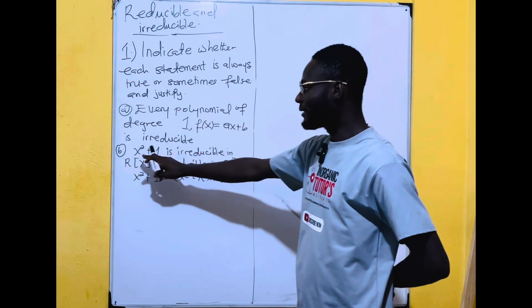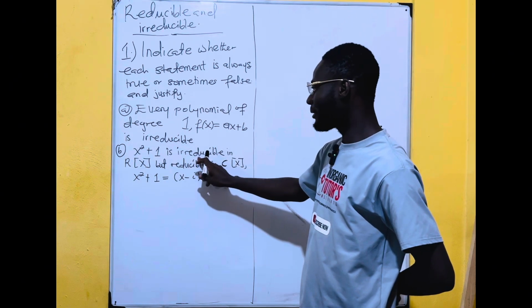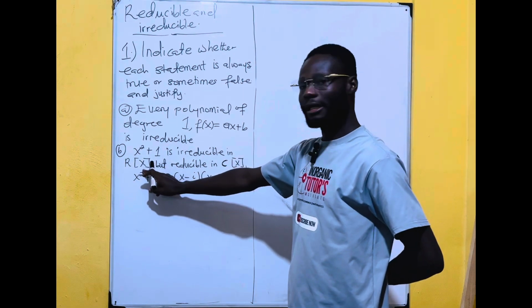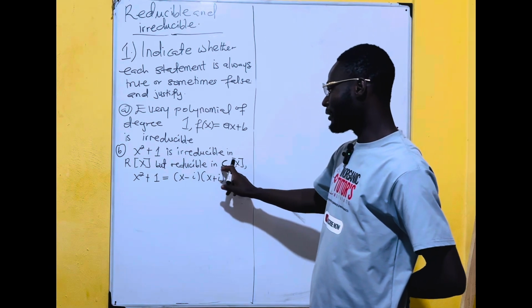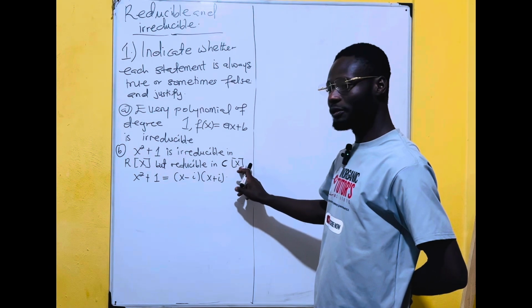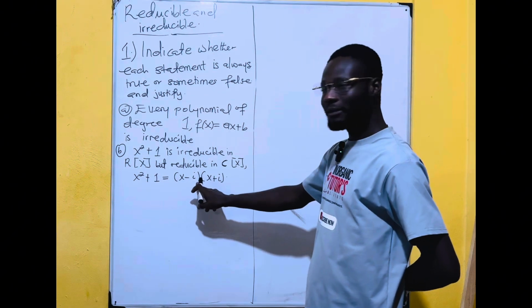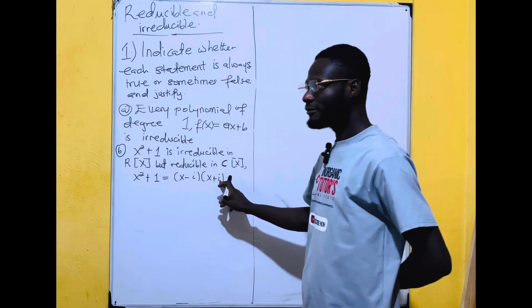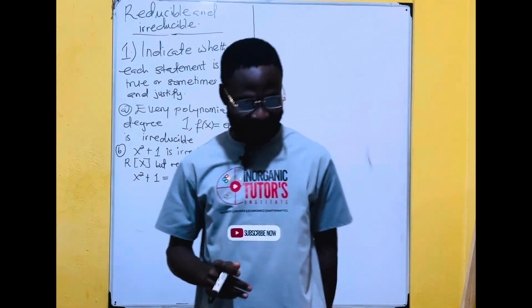And b, x squared plus 1 is irreducible in real polynomials, but reducible in complex polynomials. x squared plus 1 is equal to x minus i times x plus i. This is an interesting problem and I really love it.